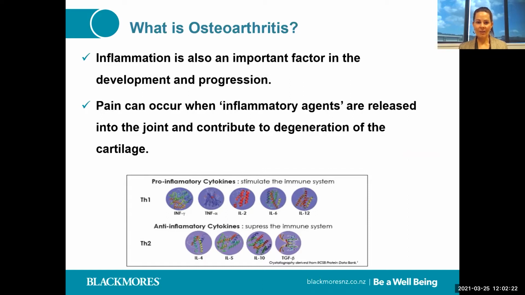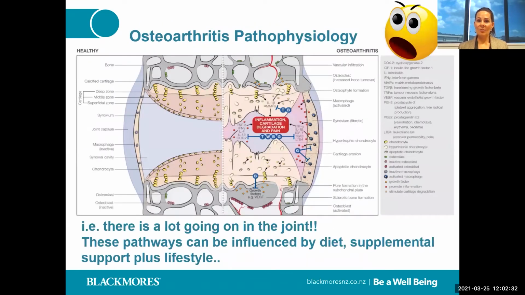In this little diagram, you can see the Th1 is pro-inflammatory cytokines and the Th2 can be anti-inflammatory cytokines. This is a larger picture, which is the pathophysiology of osteoarthritis. You can see there's a lot going on in the joint. But the good news is these pathways can be influenced by diet, supplemental support, plus lifestyle.